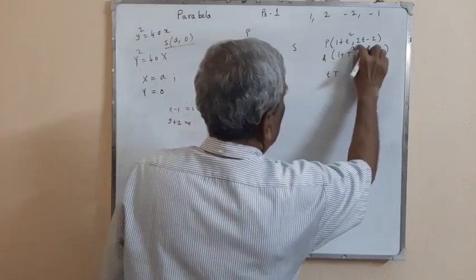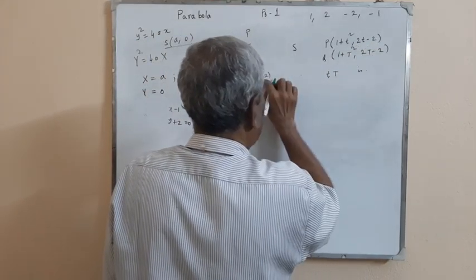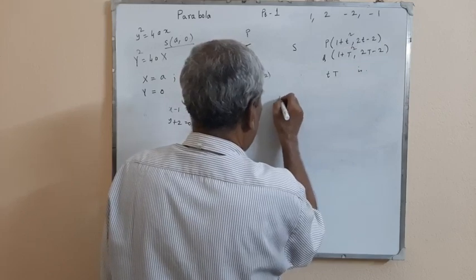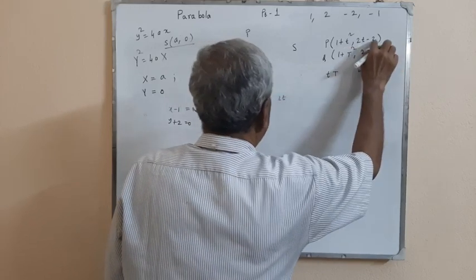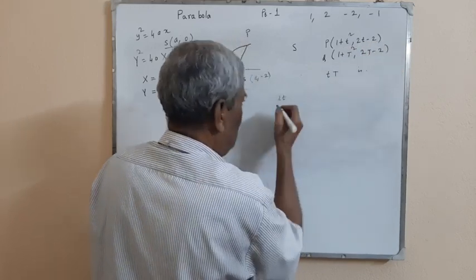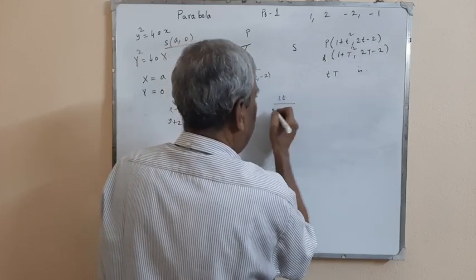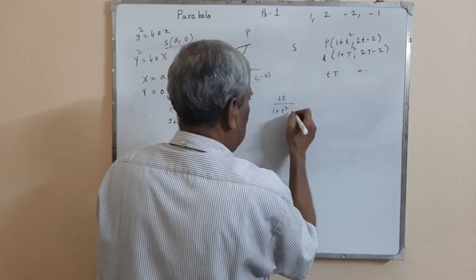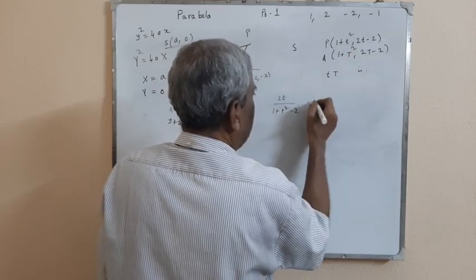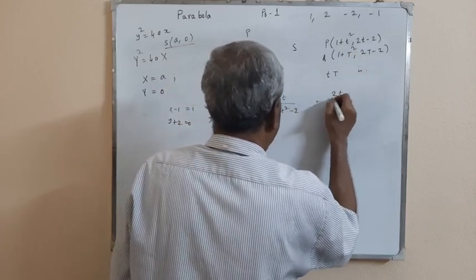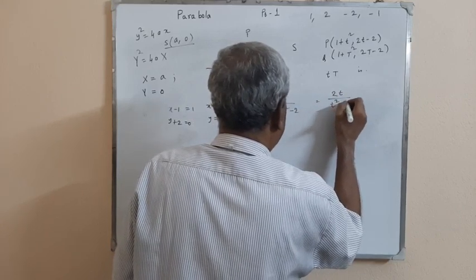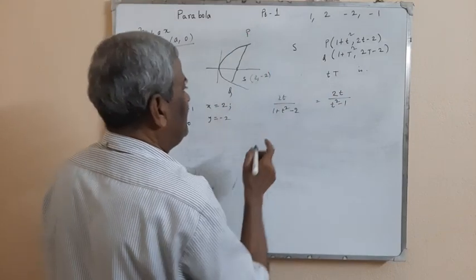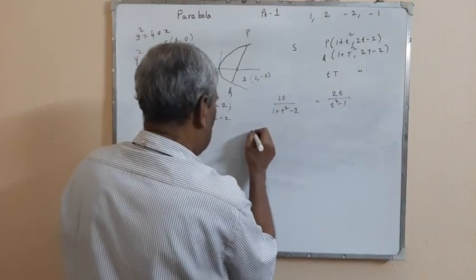It is the difference of y coordinates over the difference of x coordinates, so it is (2t − 2 + 2)/(1 + t² − 2), that is 2t/(t² − 1). This is the gradient of PS. Now the gradient of PQ.